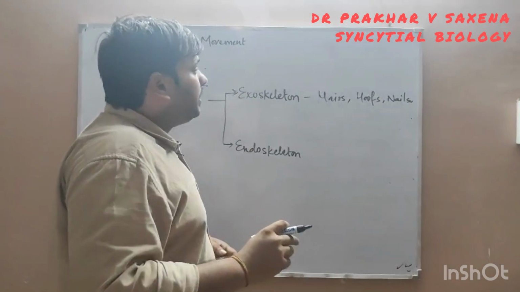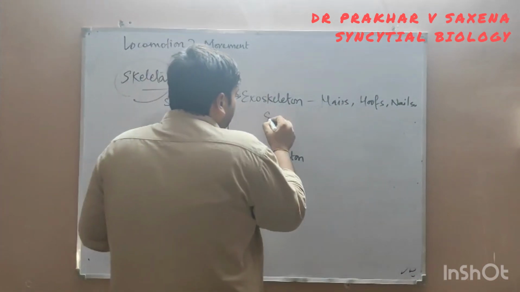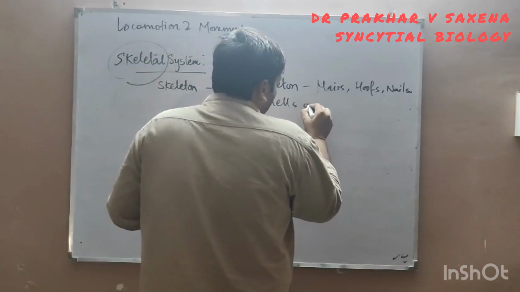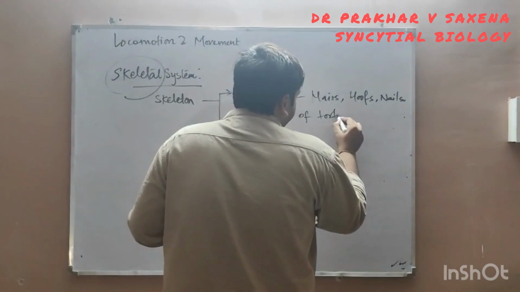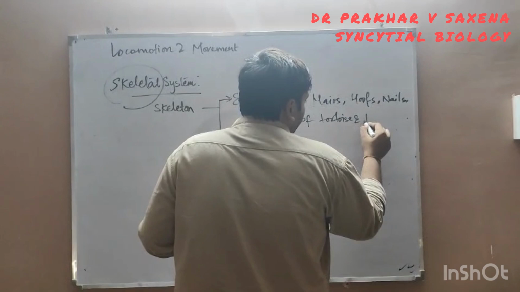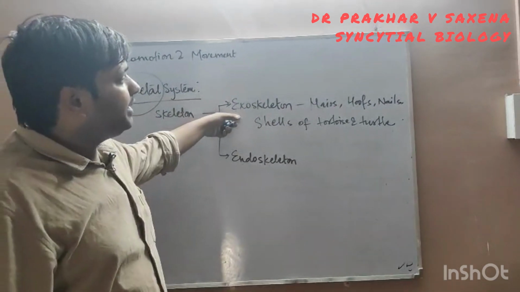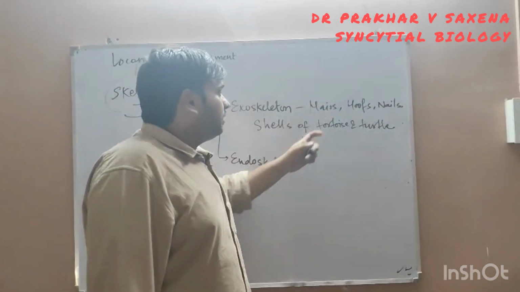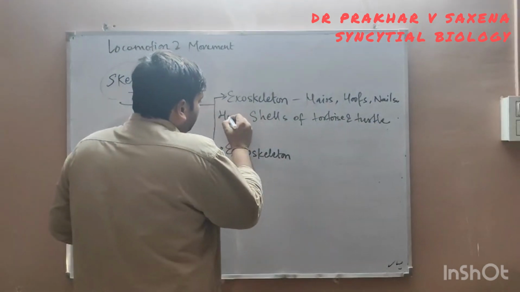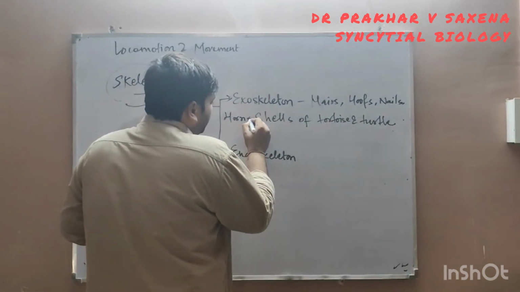Apart from that, shells of tortoise and turtle, all these form exoskeleton. Horn can also be included in exoskeleton.